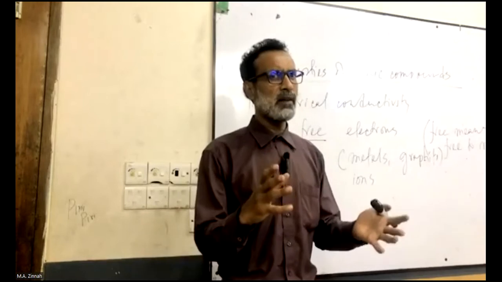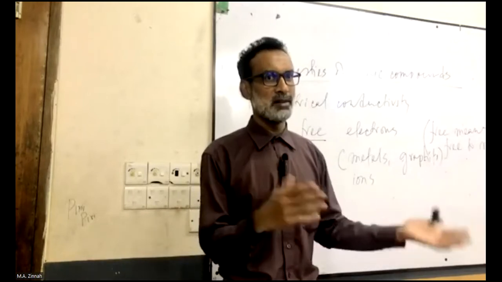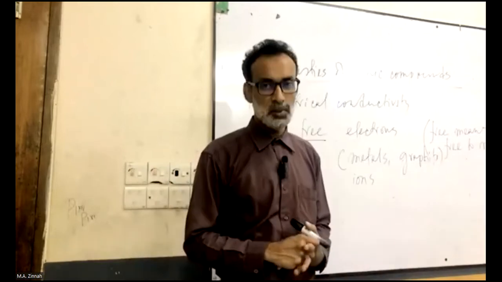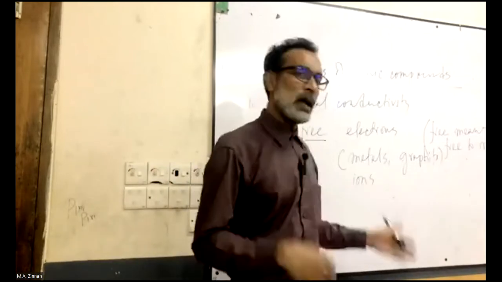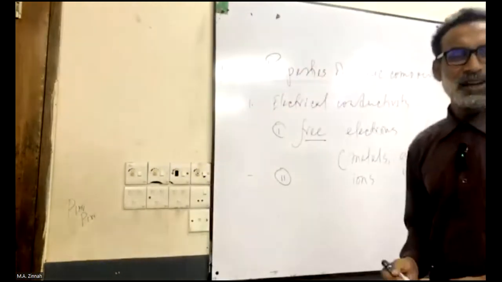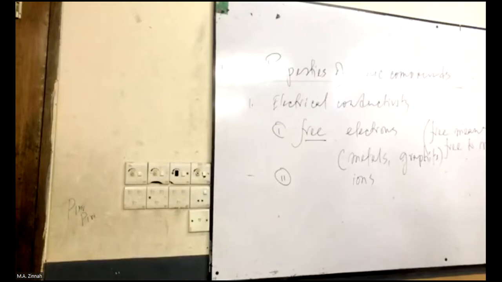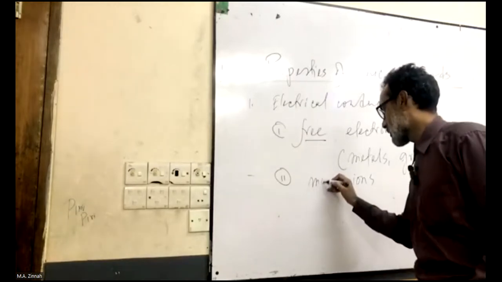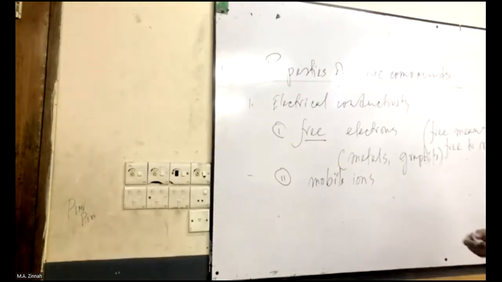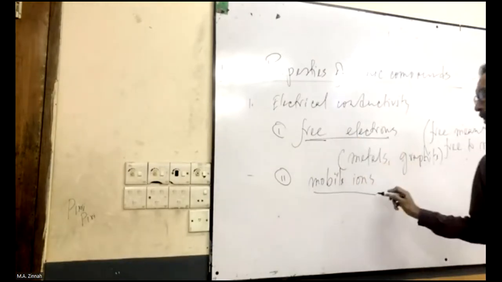Yes, ions are available in any ionic compounds. And you can identify a compound to be ionic. That we learn. You shouldn't forget this. I say again, in any ionic compounds, ions are there. But ions are not enough to be good conductors. They should be mobile. Mobile ions, I write here. Free electrons and mobile ions.